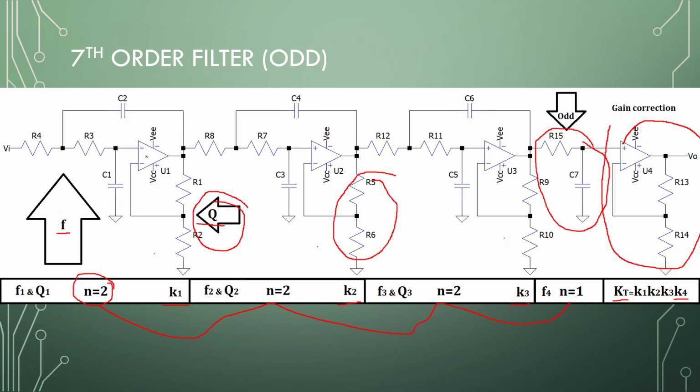Okay, so you can just cascade these filters. If it's an odd number, you add a first order and you're finished. If it's an even number, you don't need this right here, but you can still do the gain correction with the extra amplifier.